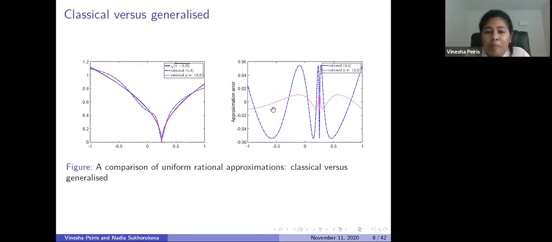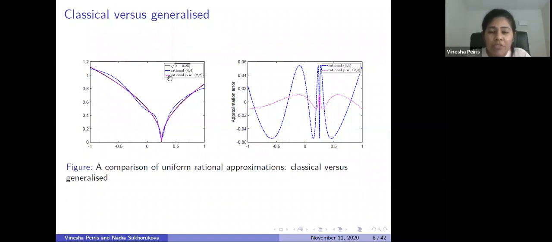And this is a comparison between classical rational approximations and generalized rational approximations. In the figure on your left, we have three functions again. The black function is the original function that we used before. And the blue function is rational type 4, which is the same as before.